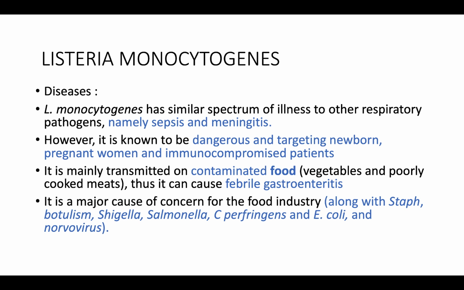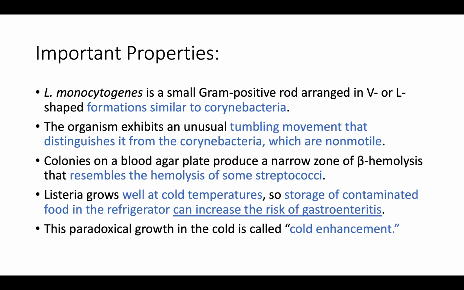But the more important thing is that, because of its mechanisms, it can go through the gastrointestinal tract, invade the blood, and then cause meningitis or sepsis. So it's a major concern for the food industry, along with the others that we have mentioned.